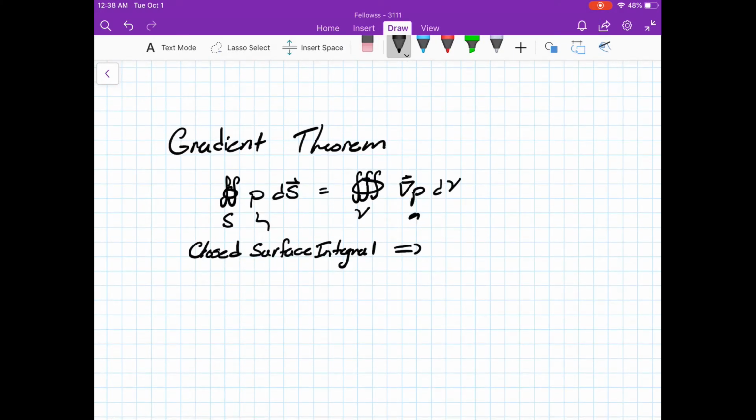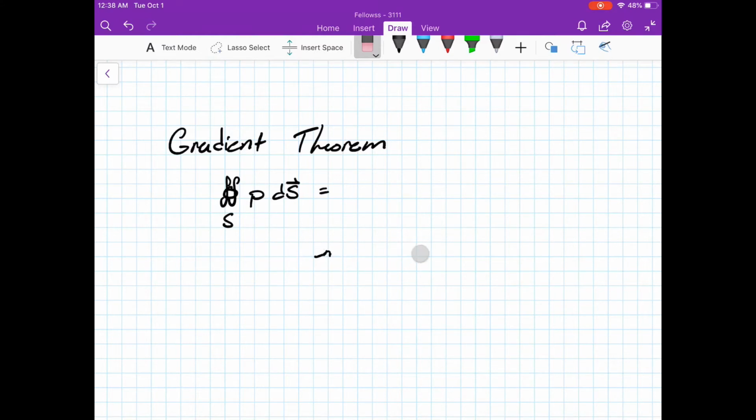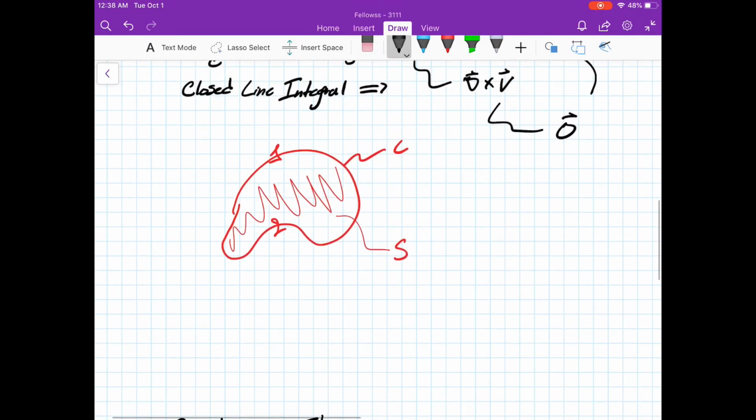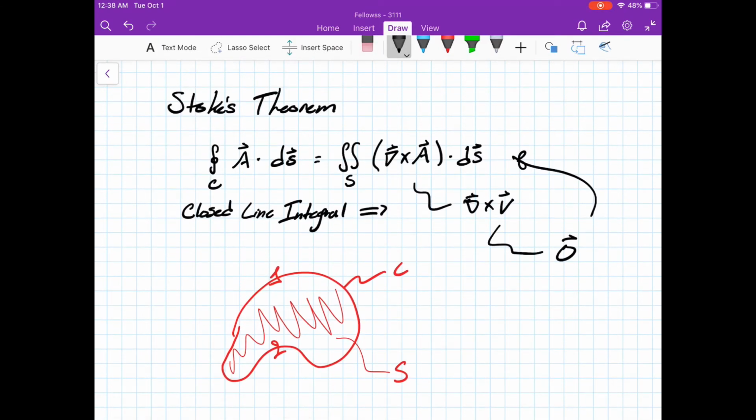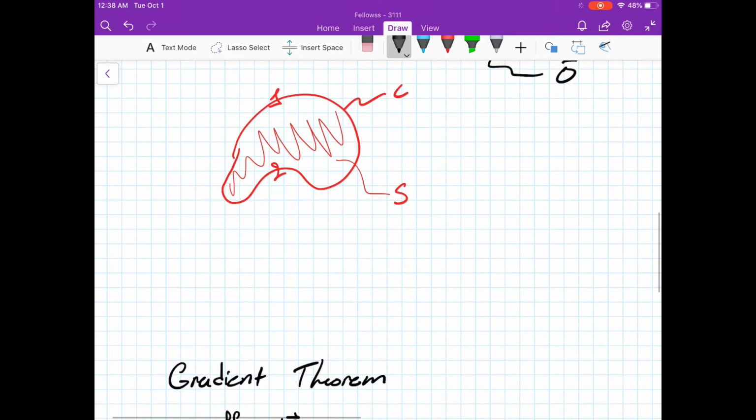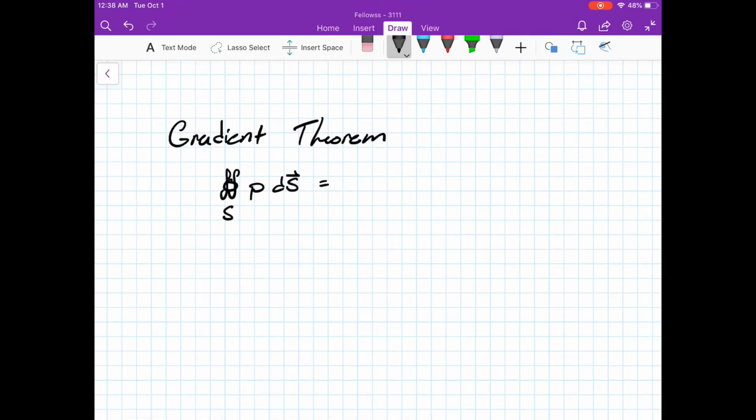Okay, gradient theorem, right? This is the last one on our list, and this one is one of the lesser used ones, I think. I don't recall using this one very much.